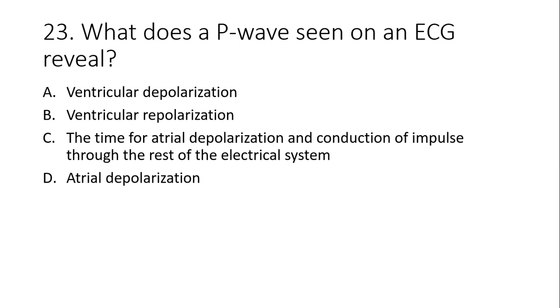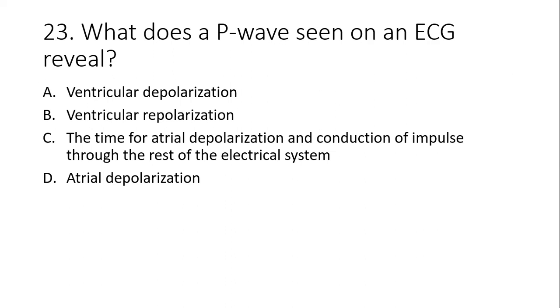What does a P wave seen on an ECG reveal? By the way, for those who don't know, I didn't know it until recently, EKG and ECG are the same thing. Which sucks because an echocardiogram is also listed as an ECG.